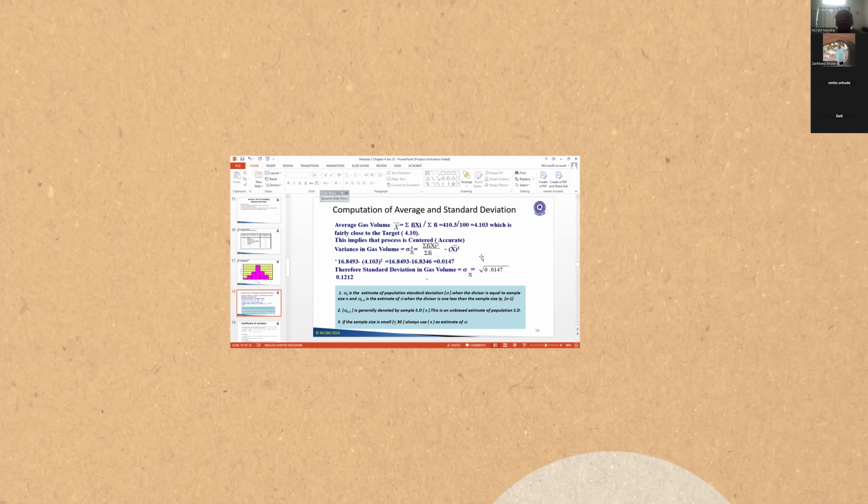Now the variance in the gas volume, the sigma, is the same formula in a different form, and the variance works out to be 0.0147. The standard deviation is the square root of that, which is 0.1212.